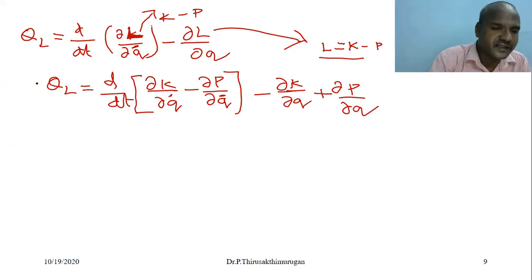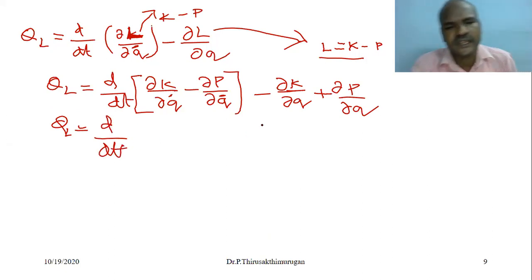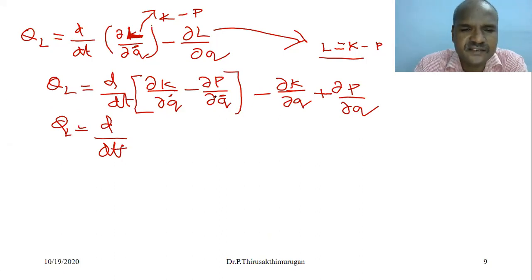So what is resulting? QL equal to d by dt of, one more thing I will tell, derivative of the potential energy. What is potential energy? Energy stored, that is a static one. So energy at rest. So when you differentiate the static value, static coordinate, what happened?